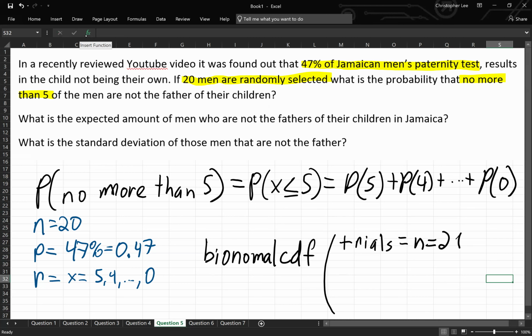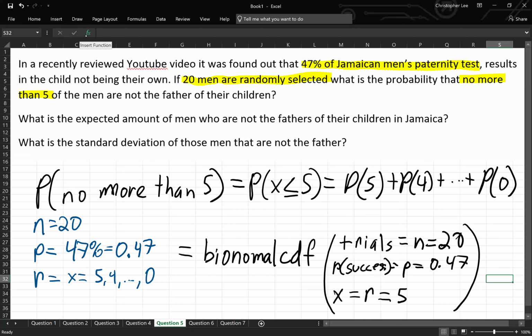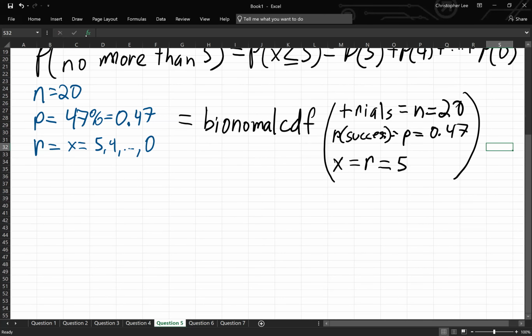This is going to be 20. You have your probability of success, which is the same thing as our p, which is 0.47. And then we have our x, which is the same thing as r, which in this case is going to be 5, because remember, binomial CDF is for less than or equal to. So, okay, what answer do we have?